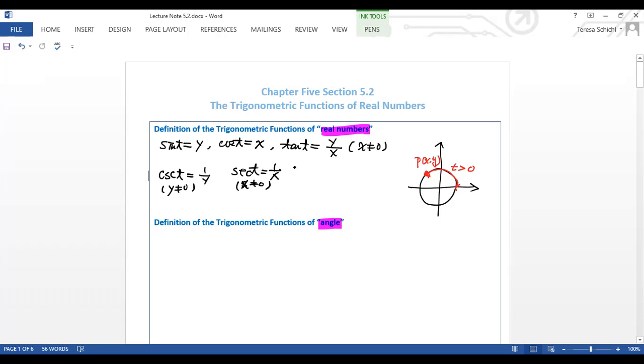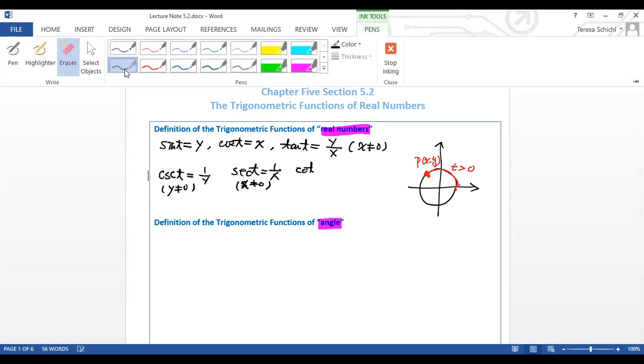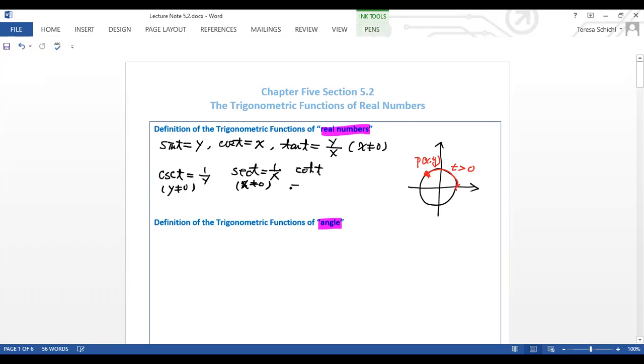Then we have cotangent t, which is equal to x over y, and of course y cannot be equal to 0. So those are the trig functions, if we use the unit circle concept.